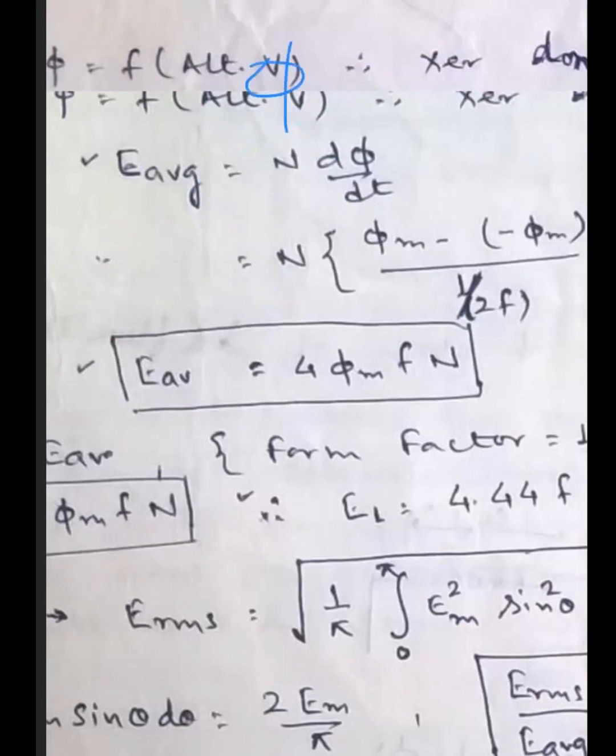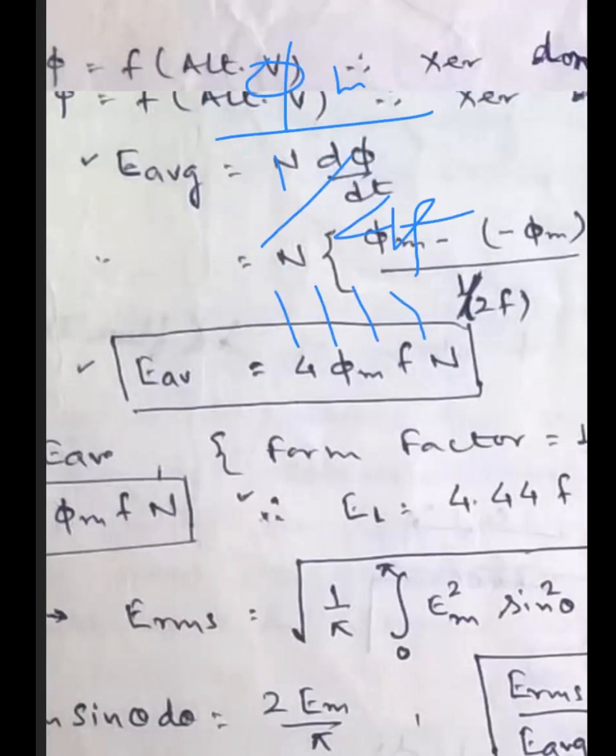This 4f goes up, so we will get 4fφm, and if N is the number of turns, then it becomes 4fφmN.